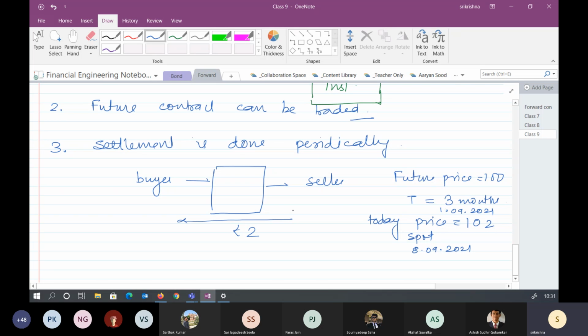What if tomorrow the price becomes 98? Then 2 rupees will be paid from the buyer to the seller, and so on. Are you getting this concept?